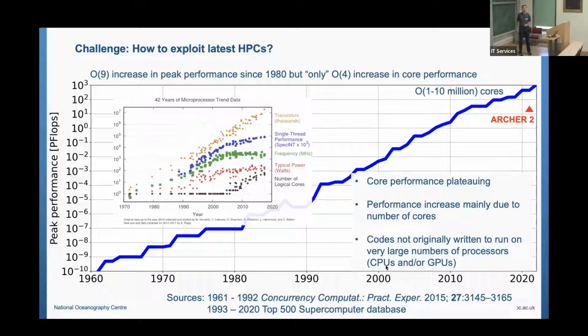All the codes, as I mentioned before, some of the legacies go back pretty far, and so they were not originally written to be run on these machines. What made these machines so fast is not only a speed up in the processor speed, but in how many processors such a machine contains. The biggest machines can contain in the order of millions of cores.